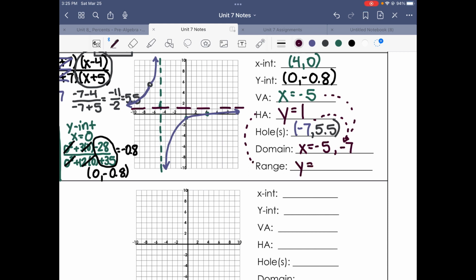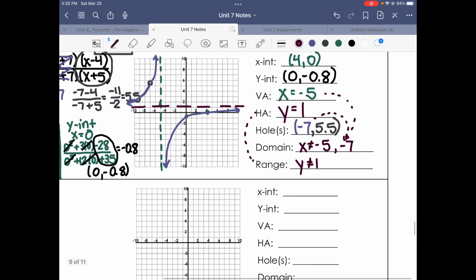So y cannot equal 1. Sorry, I forgot to put the slash through that on the x's. And y cannot equal 5.5. That part comes from the hole. So the hole gives you an x value that can't be equal to on the domain and a y value for the range that can't equal.